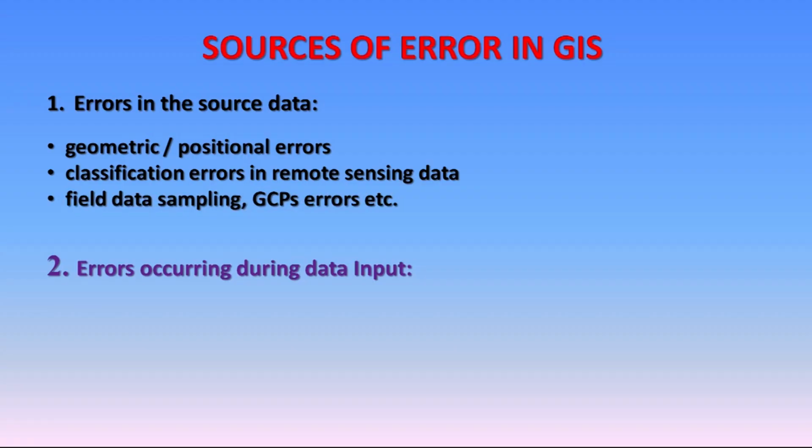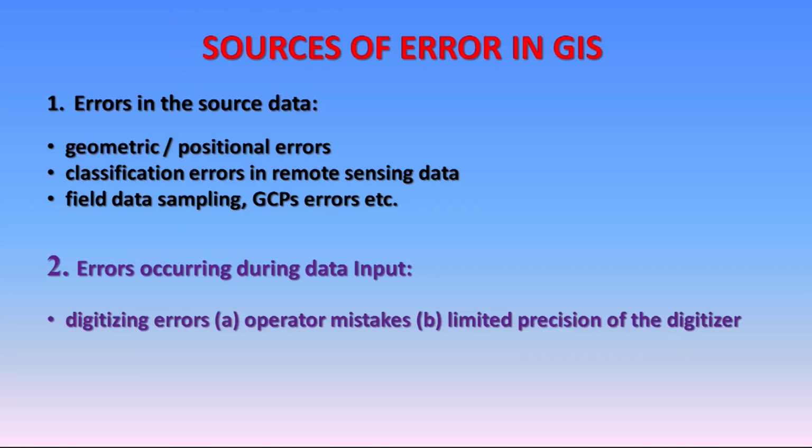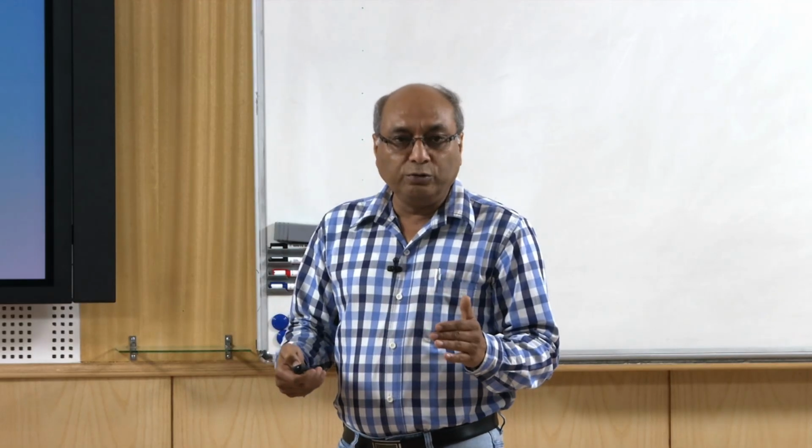The second source of error is the errors occurring during data input. When digitization is done or attributes are being typed, such errors can come. For example, digitizing errors, operator mistakes, limited precision of the digitizer. Or in heads-up digitization, if screen resolution is poor, you will bring errors in the data.